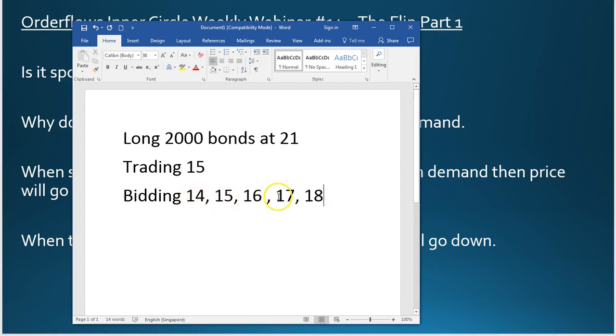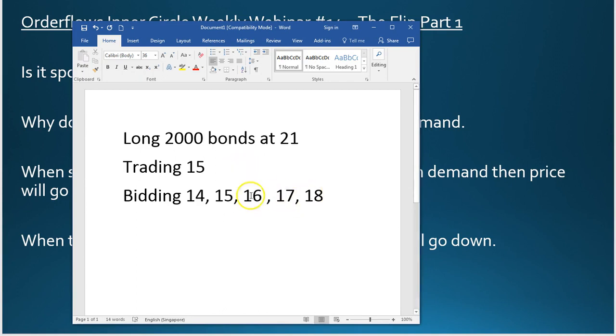And these banks start coming in, and they start buying it. So the guy that was long and wrong at 21 could now, with these bids coming in at 17, 18, start cutting his position. It'd be like, in American football, if you turn a 5-yard loss into a 2-yard loss, it's still a loss.